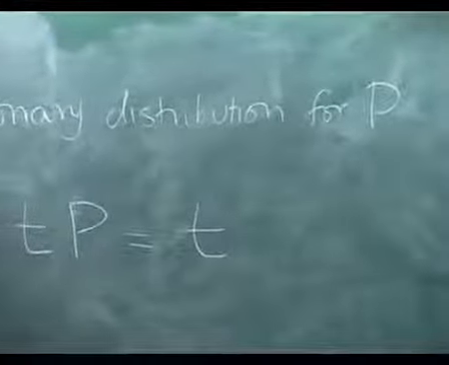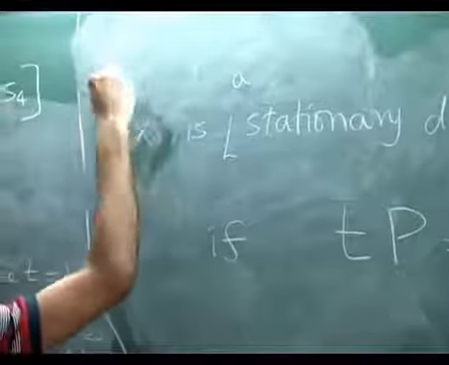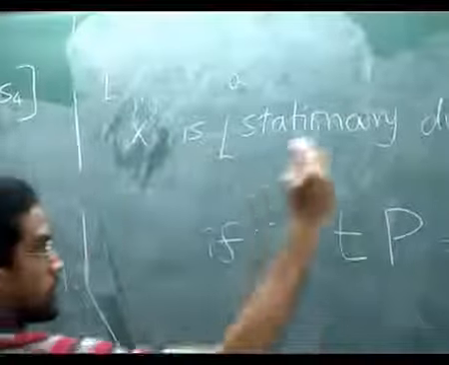Maybe I should call it, let's call it X. X is the vector in this example consisting of 4 entries.